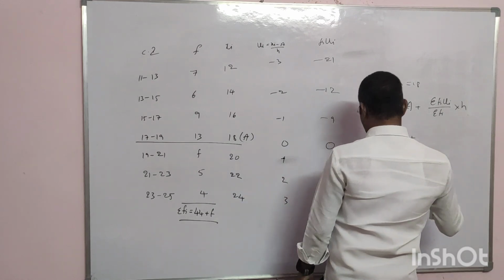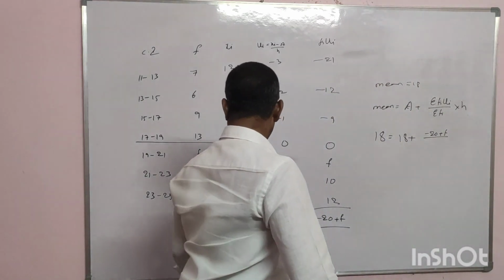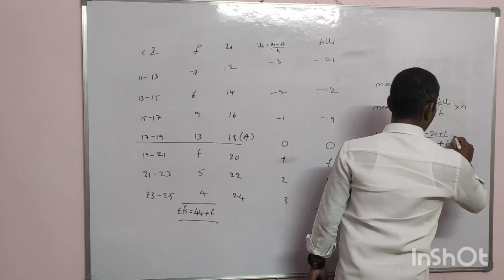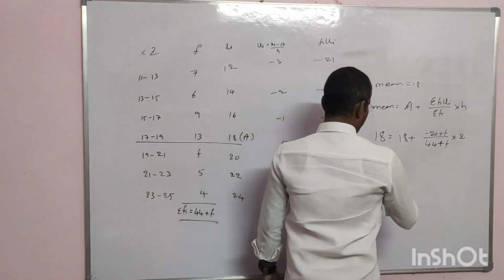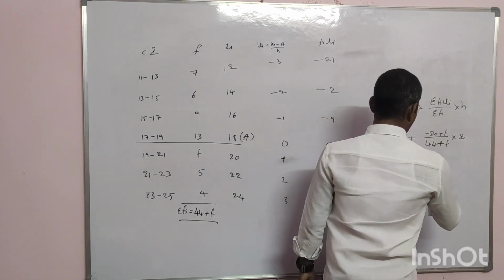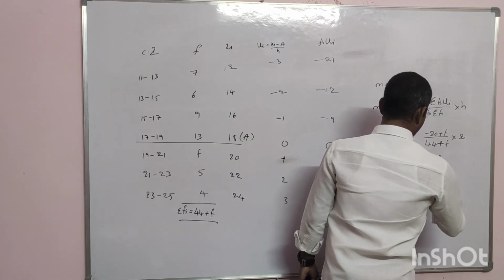Sigma fi ui is minus 20 plus f. Sigma fi is 44 plus f. h is 2. Next step: 18 minus 18 is equal to (minus 20 plus f) into 2 by 44 plus f.